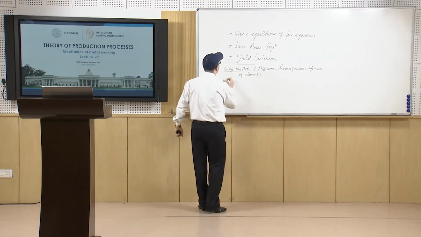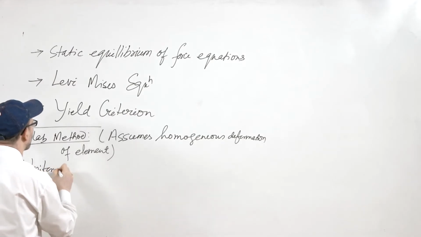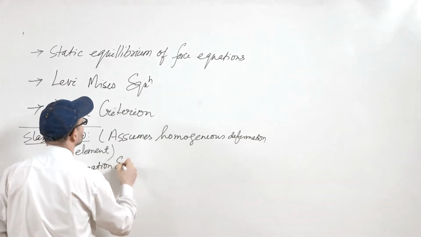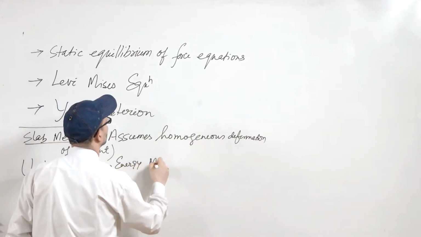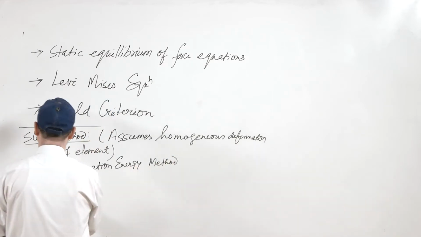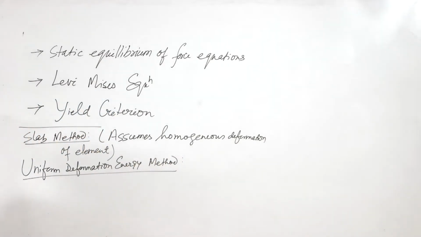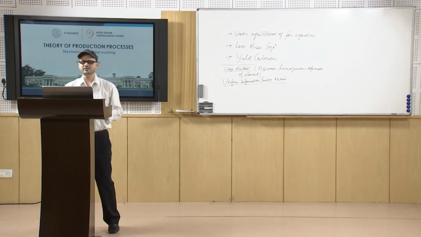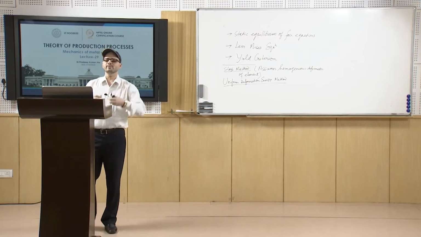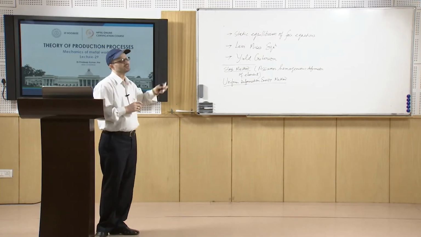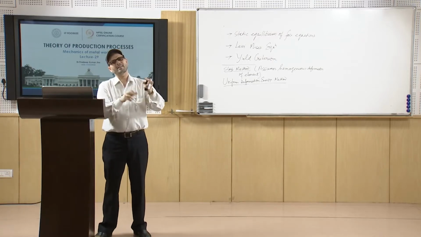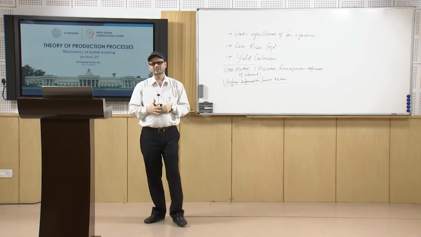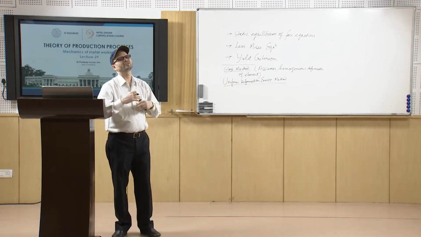The second method is known as the uniform deformation energy method. Now, this calculates the average forming stress from the work of plastic deformation. From there you further simplify the expressions and try to get the relationship between stress and strain.